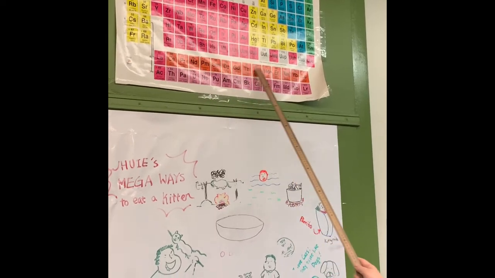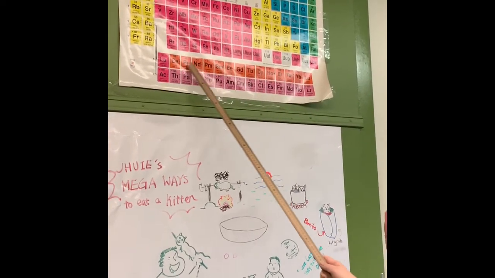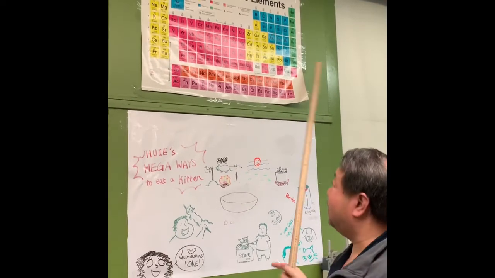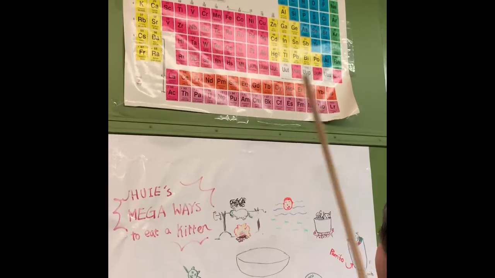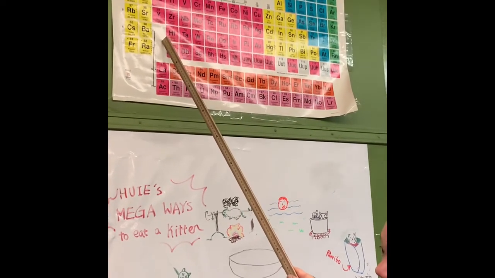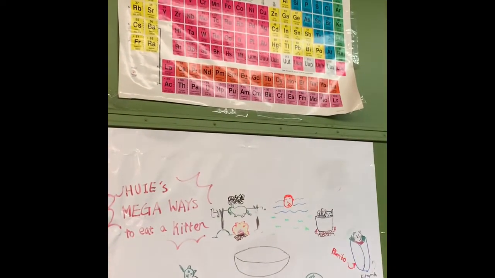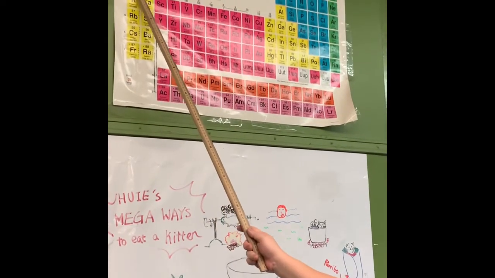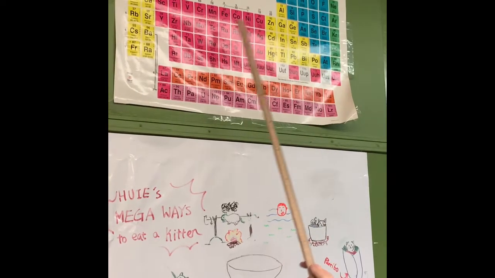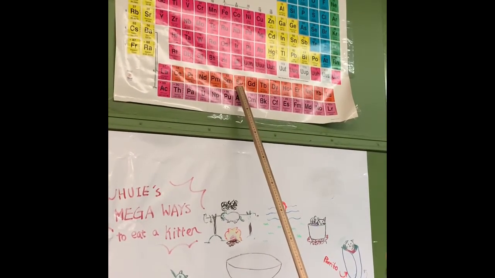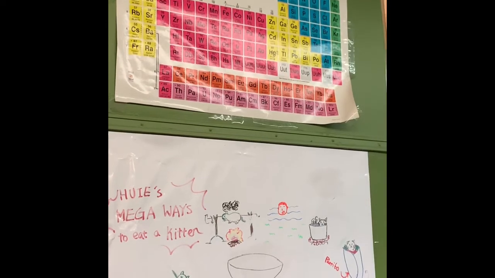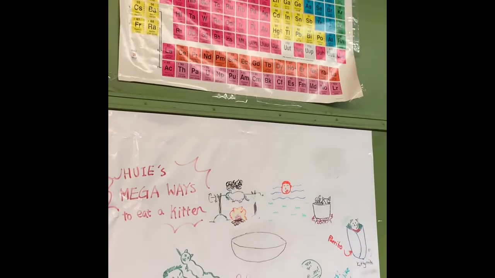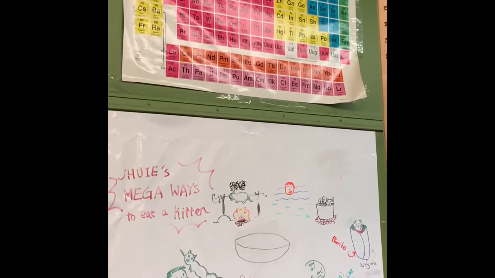How many are down here? 15, but actually these two belong up here, so 15 minus 1 is 14. How many here? 2, 6, 10, 14. Do those numbers seem familiar? The amount of electrons that could go in each sublevel.